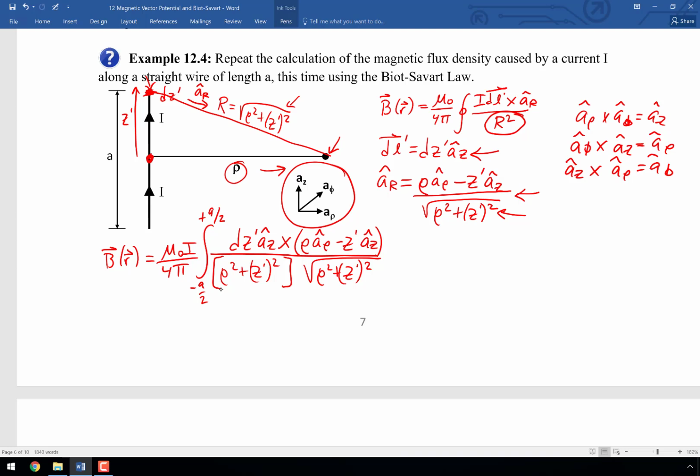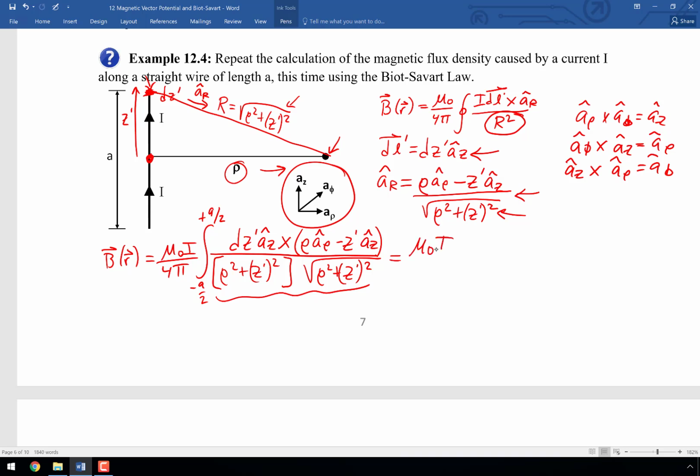So I can do one more step of simplification here before I do the integral, and that is that this denominator has rho squared plus z prime squared to the first power, and rho squared plus z prime squared to the 1/2 power. The square root is a 1/2 power. So this denominator is going to become rho squared plus z prime squared to the 3/2 power.